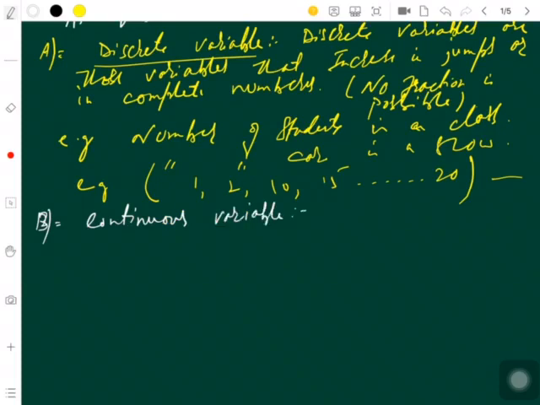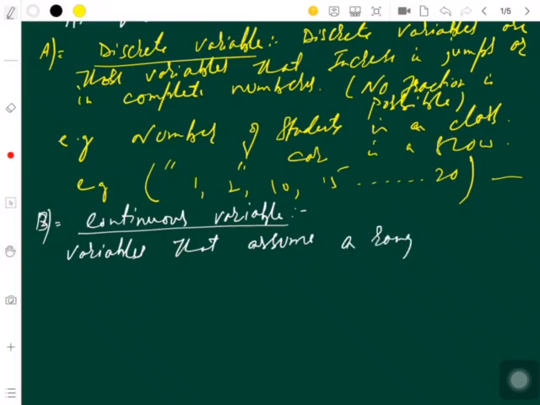Okay, when you give a class a particular range to your data, how will we define it? We will define it as continuous variables that assume a range. Okay, when I am saying range, 10 to 20 has a range from 10 to 20. Okay, a range of values.